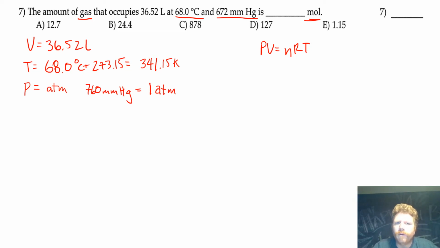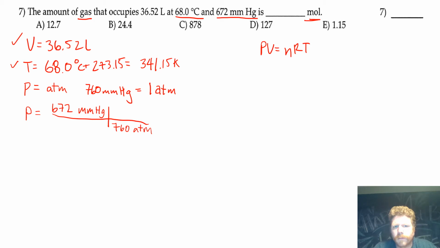So you have all these definitions. What we've worked with is our volume and our temperature. We need to figure out what our pressure is. Pressure is equal to 672 millimeters mercury. We need to convert that into atmospheres.